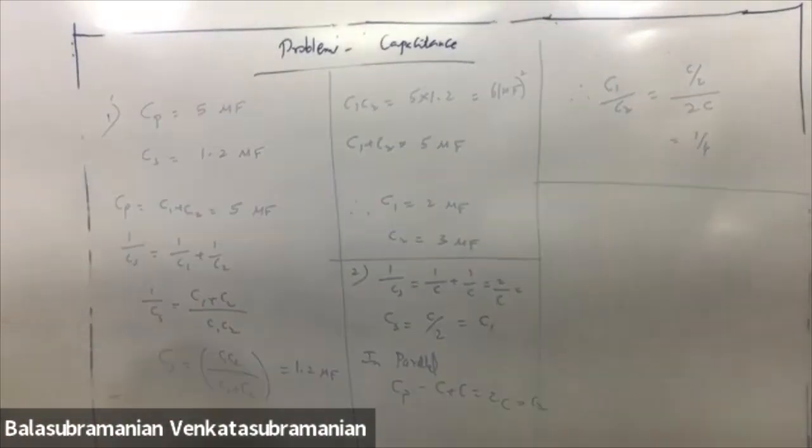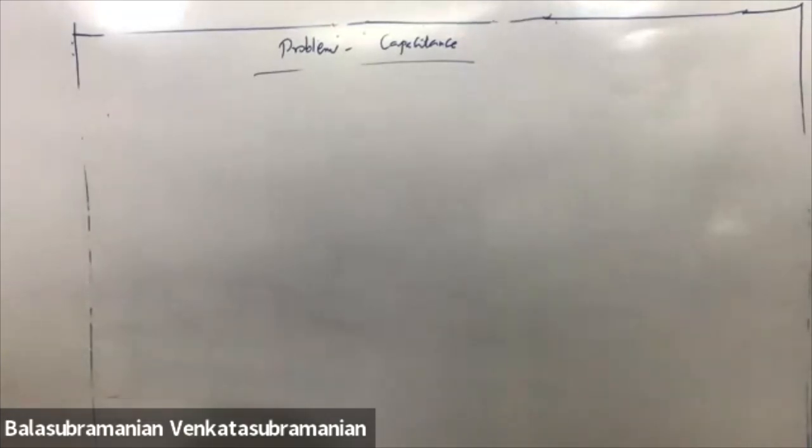Third, the capacities of three capacitors are in the ratio 1:2:3. Their equivalent capacity in parallel is greater than the equivalent capacity in series by 60 by 11 microfarad. Calculate the individual capacitors.